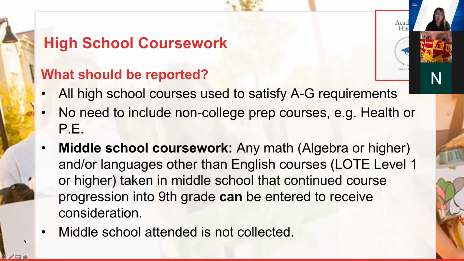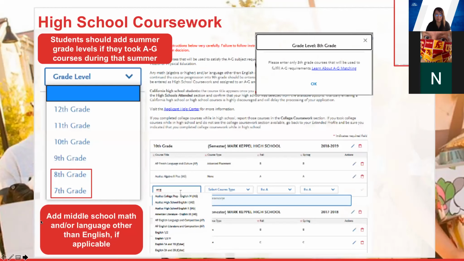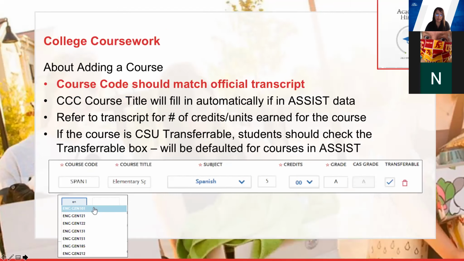On the application, you would not be indicating the middle school you attended. However, you would be indicating the specific course that you took. As we move on to the next section, in your high school coursework, this is where you would be able to indicate if you took geometry or that foreign language in 8th grade, right? Or 7th grade.